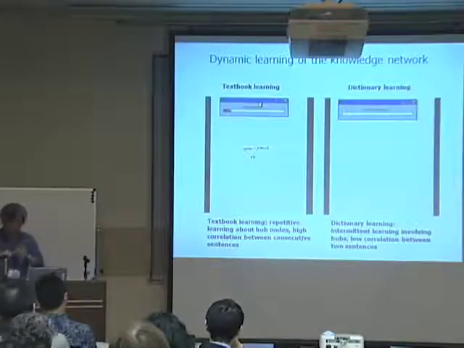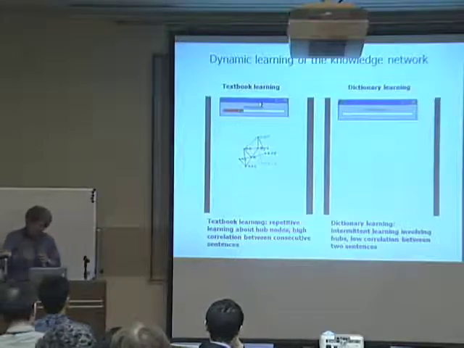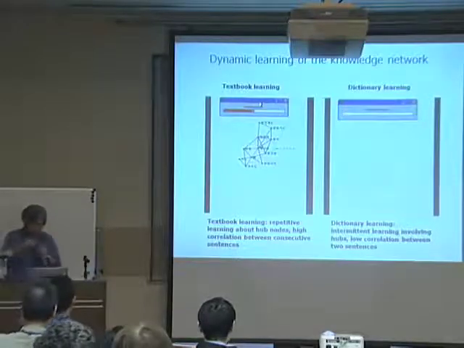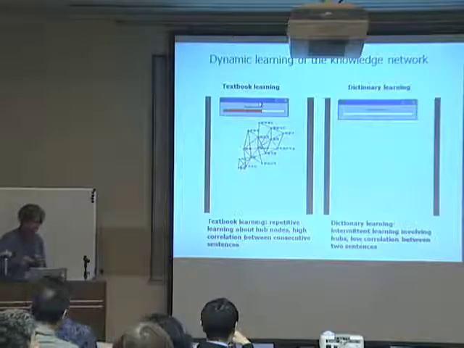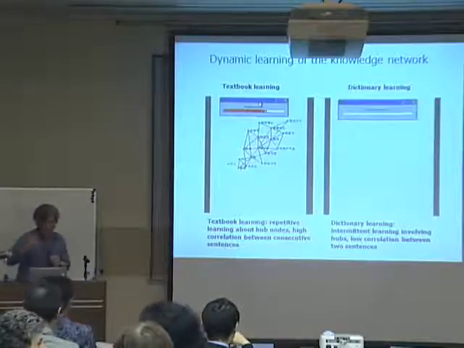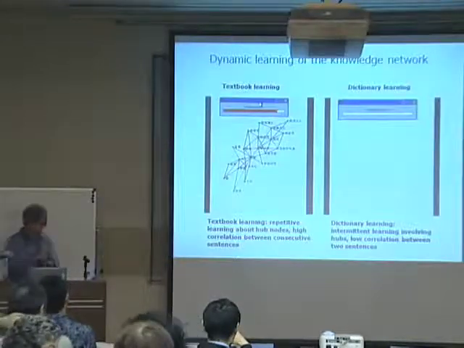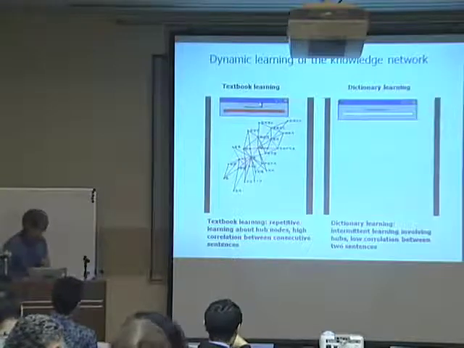But in the case of dictionary learning, sometimes it learns very intermittently. In a short period it learns a group, and then as it learns another group, the previous one is forgotten. So textbook learning goes gradually.